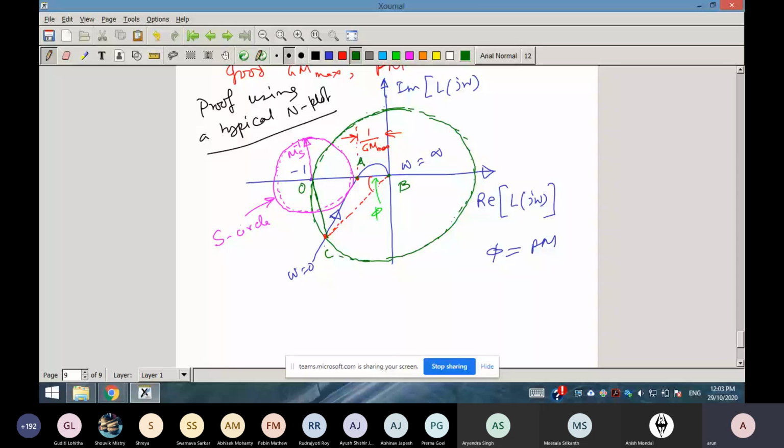Okay, and I am also dividing it. Suppose this point is D.